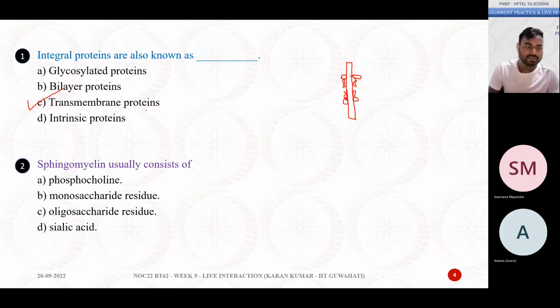Very good. The next question is: sphingomyelin usually consists of option A, phosphocholine, option B, monosaccharide residue, option C, oligosaccharide residue, option D, sialic acid. There are different naming conventions in the lipid bilayer.